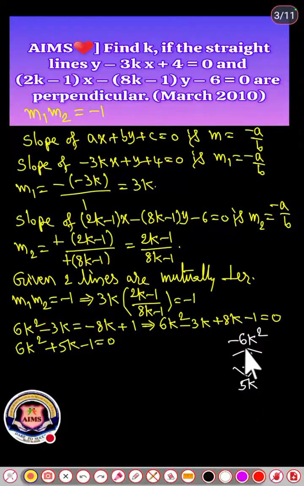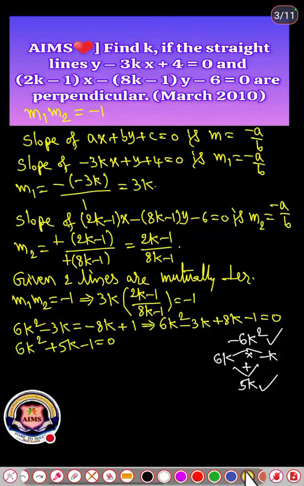Same two numbers, if you multiply you should get minus 6k square. So once you can check, 6k minus k is 5k. Next multiply, plus into minus, minus 6k into k, 6k square. At a time you must satisfy addition and multiplication. So here both are satisfied at a time.